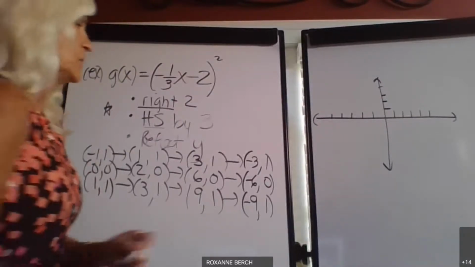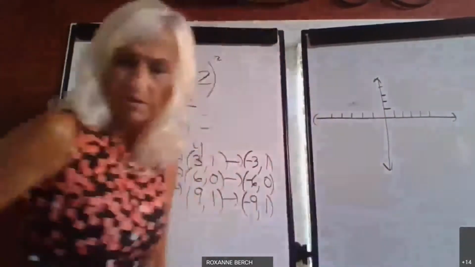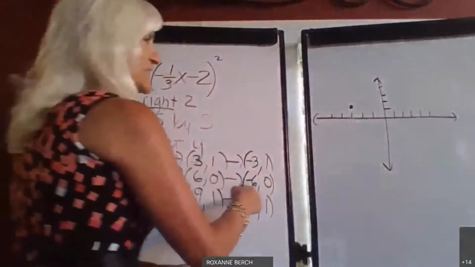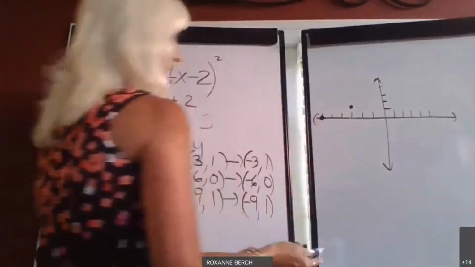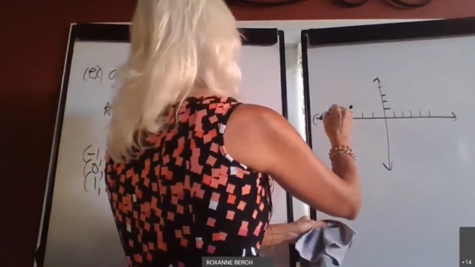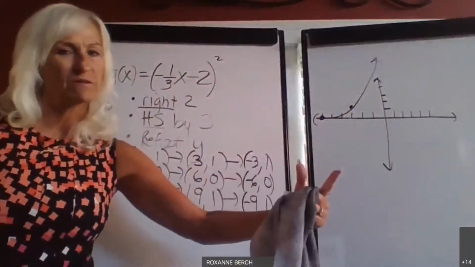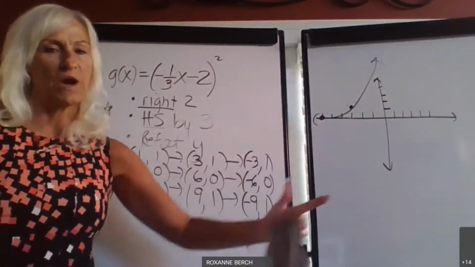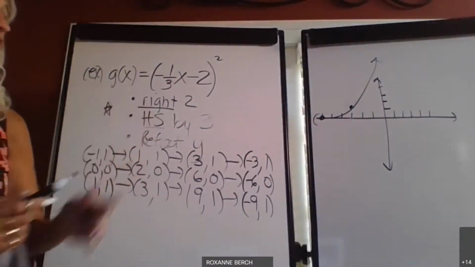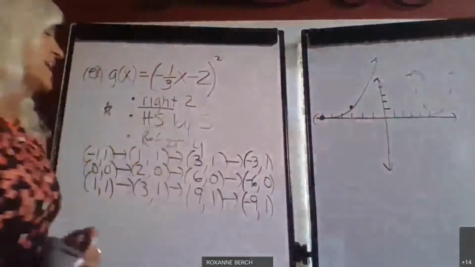All right, so left 3, up 1. Darn it. Left 6, 0. And I didn't go out far enough. Left 9, up 1 is going to show a horizontal stretch. It was shifted over here first, and then it was reflected.